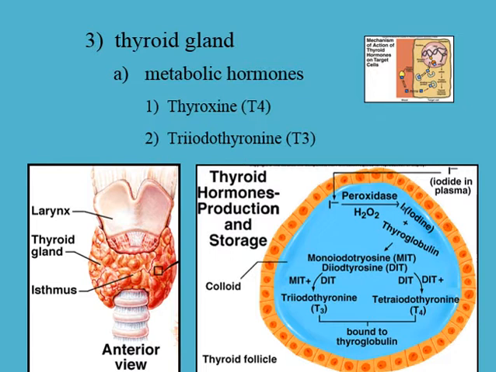And hopefully it wouldn't surprise you to learn that another name for thyroxine is tetraiodothyronine. Tetra meaning 4. So the thyroid then has both of these hormones bound up to this large protein called thyroglobulin. And then when it is stimulated to release these hormones, which structure stimulates the thyroid to release those hormones?